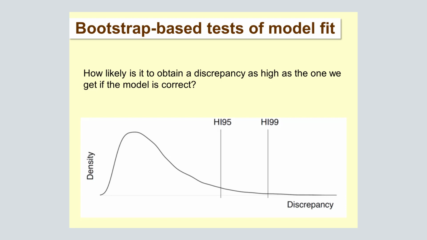Note that the discrepancy that we get is a discrepancy despite the fact that the model is correct. And after having run hundreds of samples, we'll get a distribution of this discrepancy if the model is correct. And then we can determine the 95% and the 99% quantiles of this empirical distribution and use this for inferential statistics.